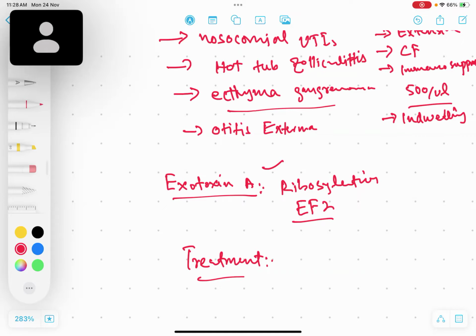We can give cefepime or ceftazidime, third or fourth generation cephalosporin, okay? And also we can give fluoroquinolones, okay? So piperacillin, third or fourth generation cephalosporin can also be given.